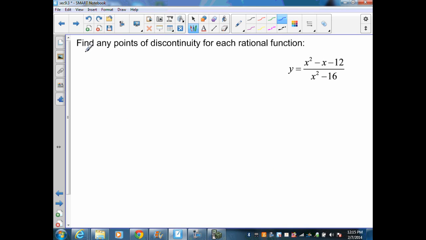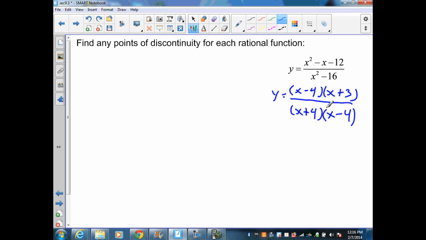In this example, find any points of discontinuity for each rational expression. Here I have y equals x squared minus x minus 12 over x squared minus 16. Step 1, I want to factor the numerator and denominator. When I do, I get x minus 4 times x plus 3 in the numerator, and my denominator, a difference of squares, is x plus 4 times x minus 4.